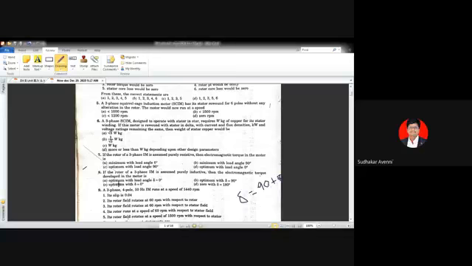See the options in the 8th problem. A is optimum with load angle delta equal to 0. B is optimum with delta equal to 90. C is optimum with delta equal to 0. D is 0 with delta equal to 180 degrees. What is the 0 here? Torque developed. Actually, what is the electromagnetic torque?